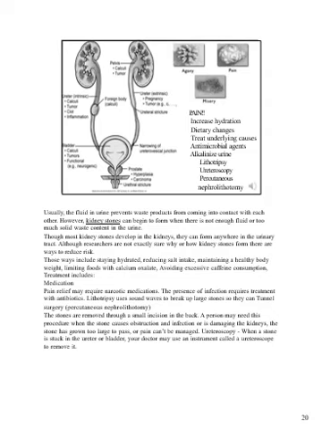Although researchers are not exactly sure why or how kidney stones form, there are ways to reduce risk. Those ways include staying hydrated, reducing salt intake, maintaining a healthy body weight, limiting foods with calcium oxalate, and avoiding excessive caffeine consumption.